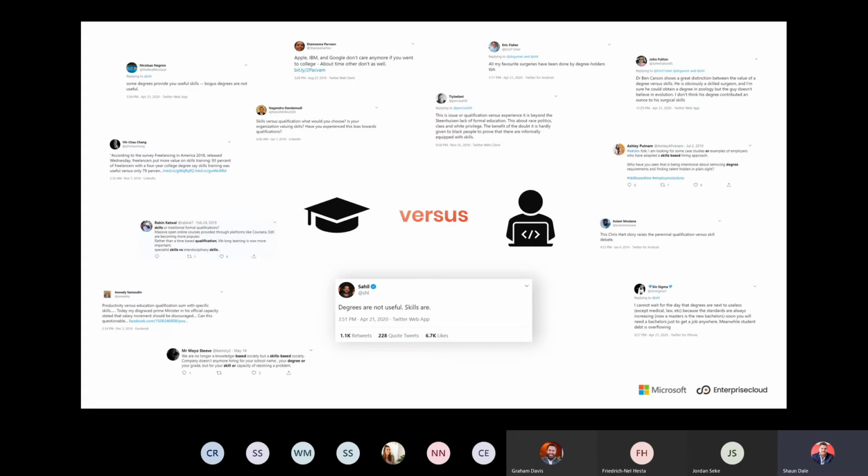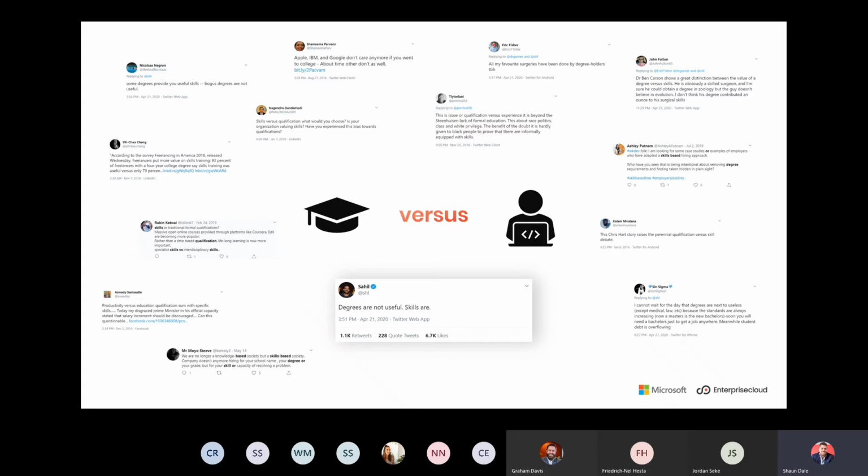But people have got a lot of different opinions when it comes to this, and I think it's because it makes a personal impact. You know, I might have gone through the traditional academia route, and therefore I'm protective of it, or I might have not because I didn't have the means or whatever the case may be, and so I'm against it. Or I've seen people maybe study too much and then battle to get into the workplace and apply their skills.